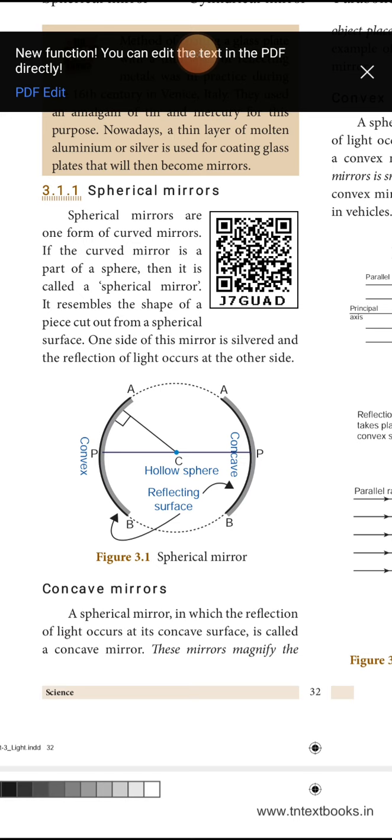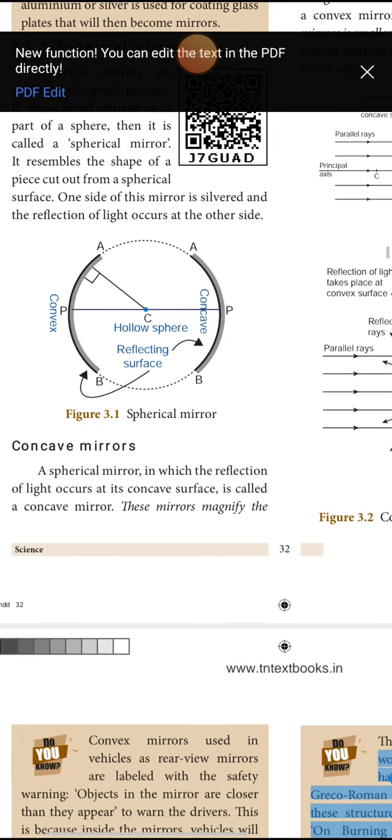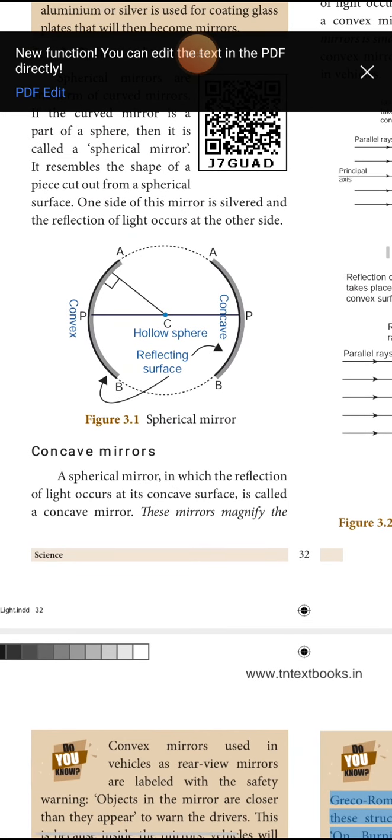First we will see the concave mirror, a spherical mirror in which the reflection of light occurs at its concave surface. The curved inward surface is called the concave surface. If that part is the reflecting part, then the mirror is called a concave mirror.